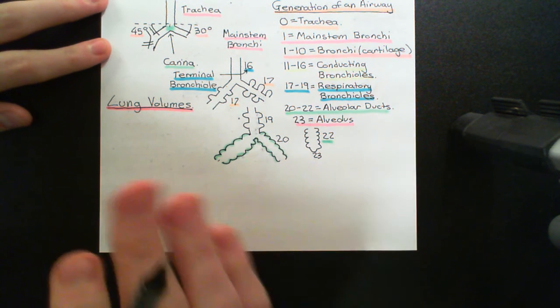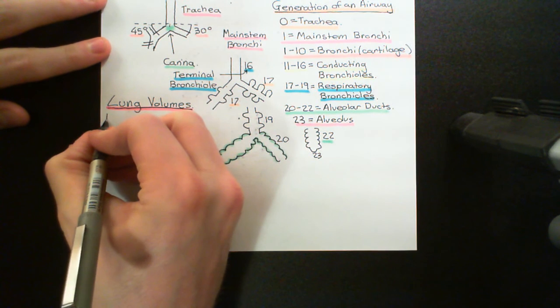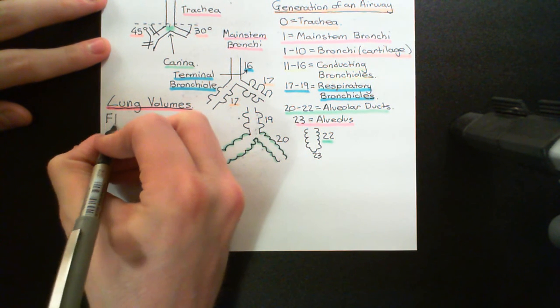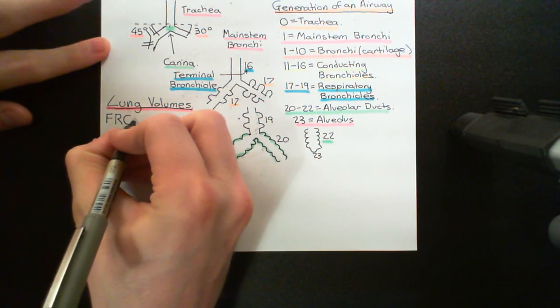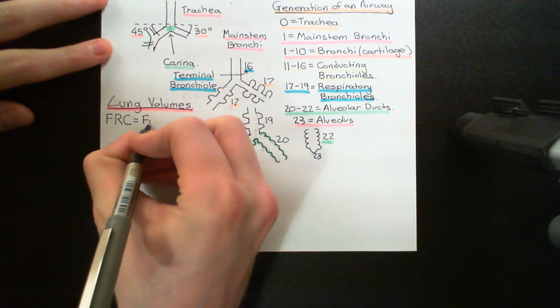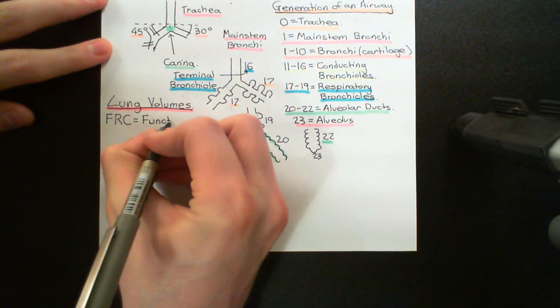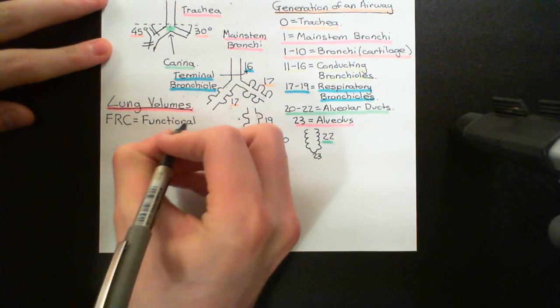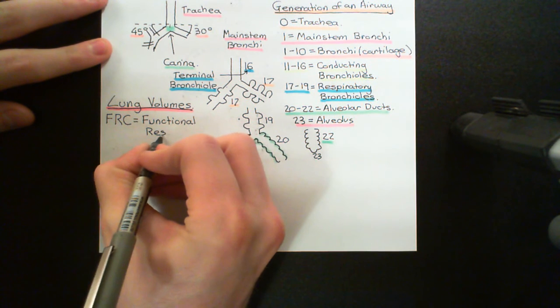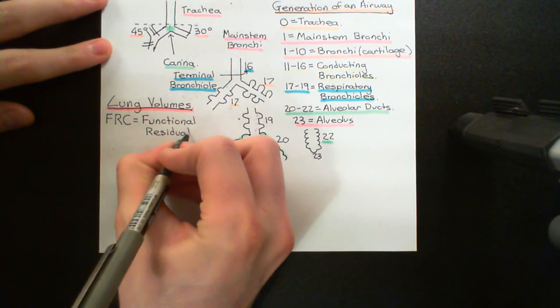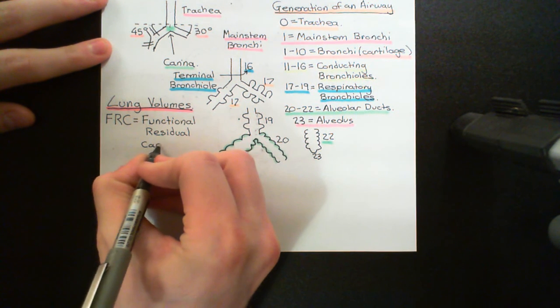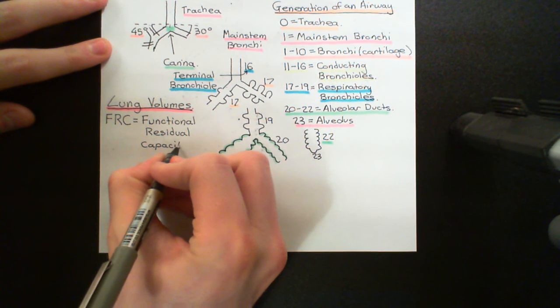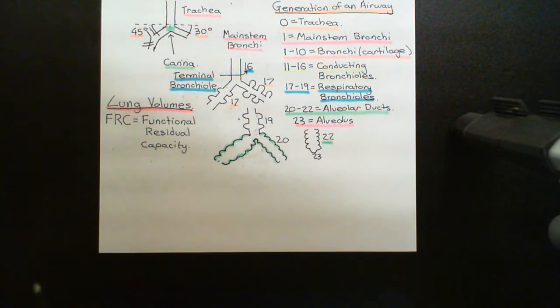Okay, so the starting one that I will introduce you to is functional residual capacity, or FRC. FRC stands for functional, that's the F, and then R is residual, and then C is for capacity. So what does this mean? This means the normal amount of air that you would have inside your lungs at rest. So you haven't just breathed in, this is between breaths.